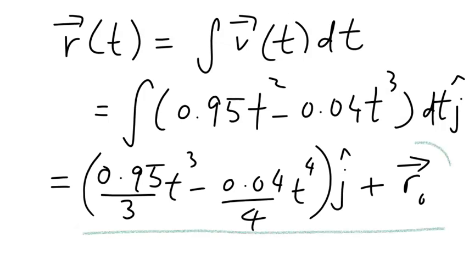Note that there's an integration constant, which is a constant vector r naught, and we need to figure that out before giving a general expression for the position vector as a function of time. So let's proceed to calculate what r naught is.